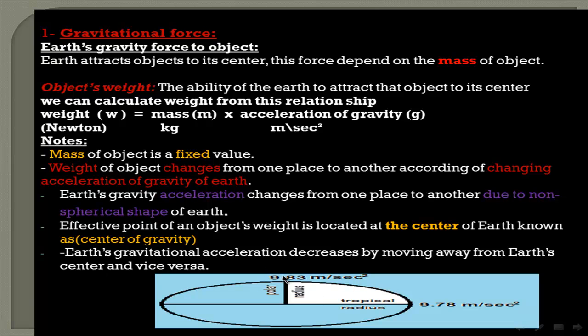As we can see, the weight of any body at the polar radius is greater than the weight of any body at the tropical radius. Why? Because the polar radius is smaller than the tropical radius.